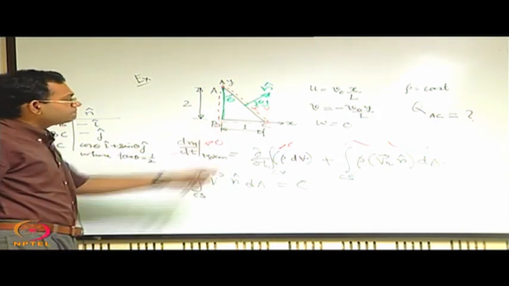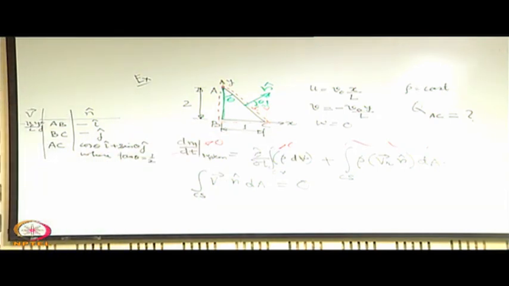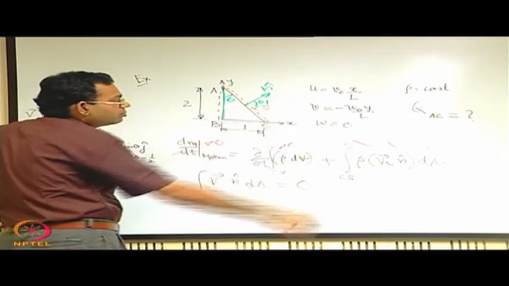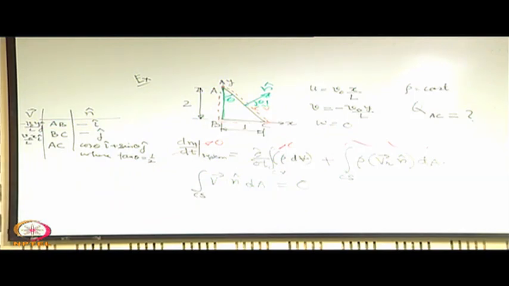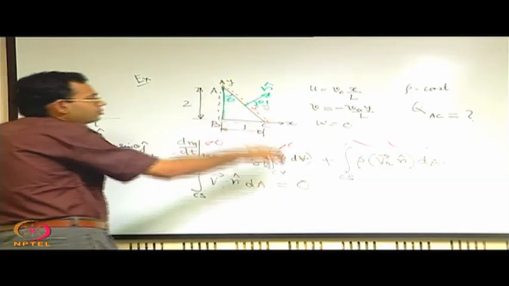For BC, similarly you have y equal to 0, so it is V0 x by L i, and for AC it is the sum of the two components, because here x and y are both non-zero.